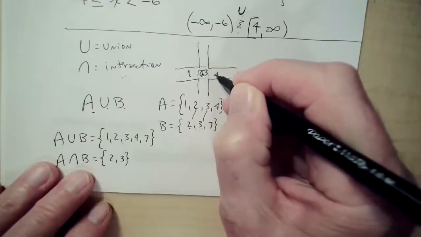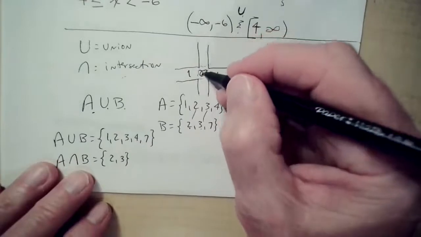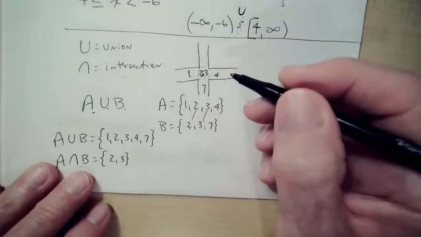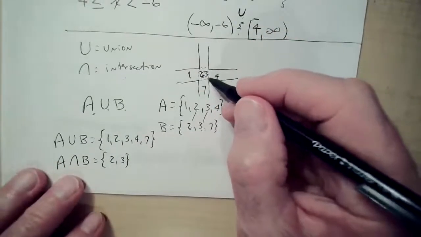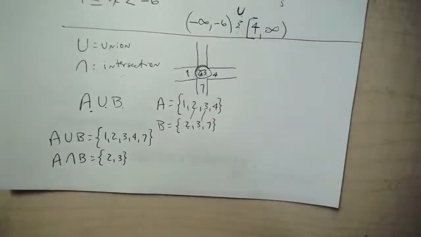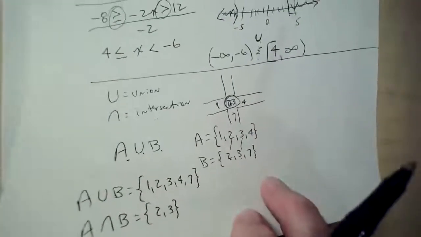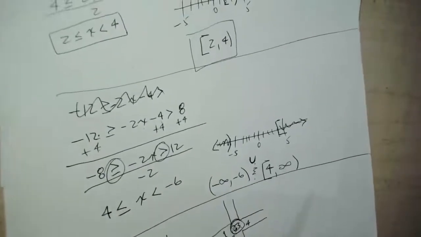It's like we have 1, 2, 3, and 4 on this street, and on this street we have 2, 3, and 7. So which ones are in the intersection? 2 and 3. This is not super important, but you are going to see this occasionally.